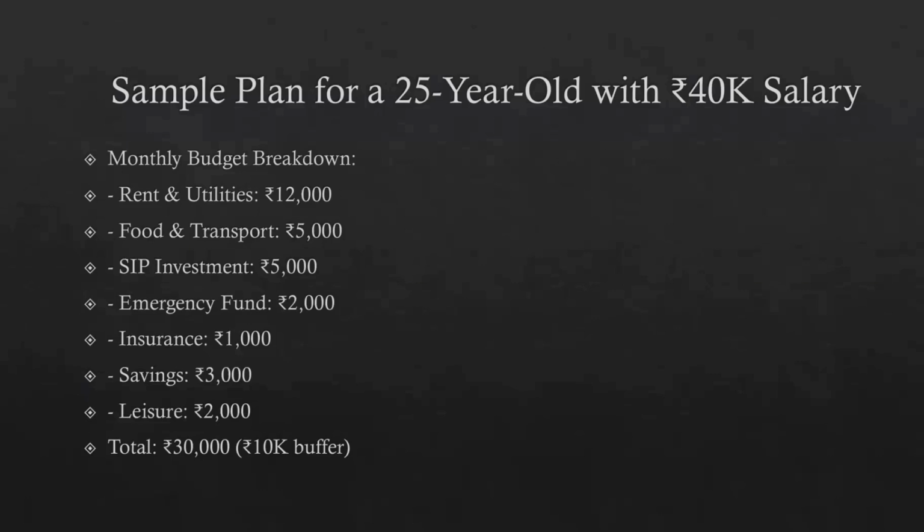Food plus transport can be 5,000, SIP investment 5,000, emergency fund 5,000, and insurance, term or health, both can be 4,000, and savings 3,000. Entertainment and other things would be 2,000. That's in all a rupees 30,000 plan, leaving a buffer of rupees 10,000 monthly. The point is, don't spend blindly. You should think before you spend or invest accordingly.